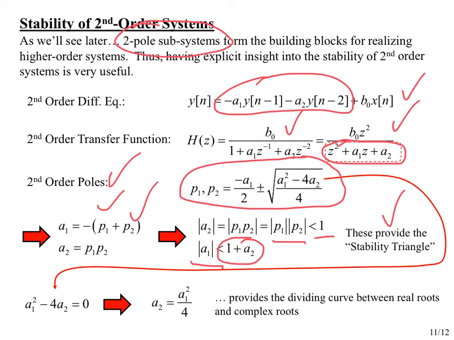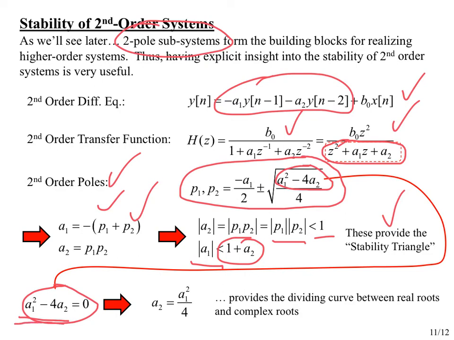Likewise, if we look at this term inside the quadratic, when that's equal to 0, that's the point where the quadratic goes to 0 and we have repeated roots. That's also the dividing line between having real roots and complex roots. If the left side is greater than 0, we have purely real, distinct roots.